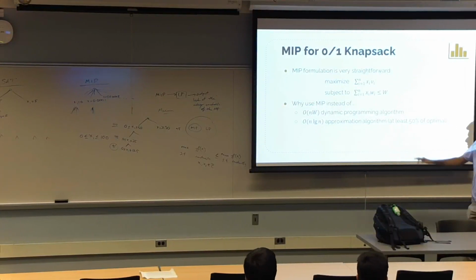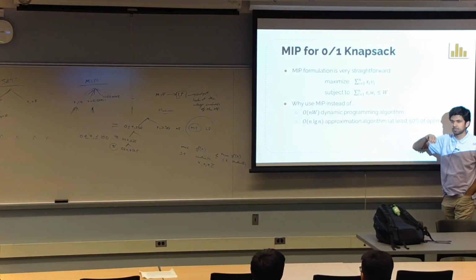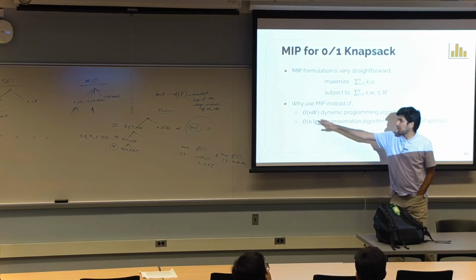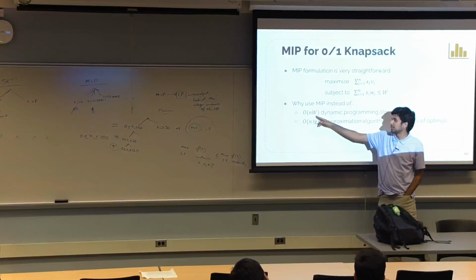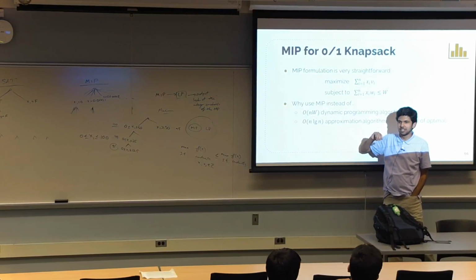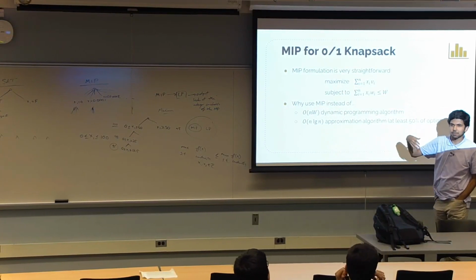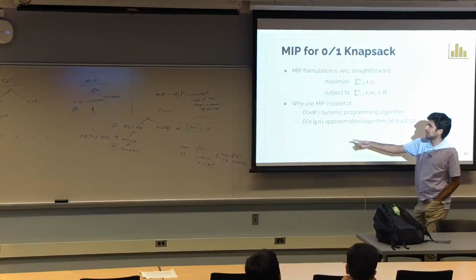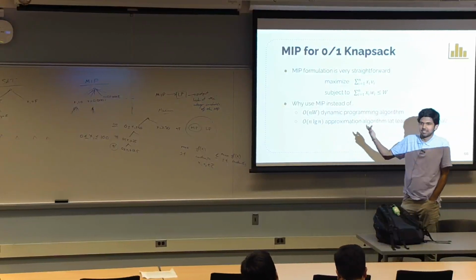And there's also an n log n approximation algorithm. W is the total weight, right? This is the capacity of the bag. So n is the number of items, and W is the weight. Those two are kind of independent of one another. When we say something's polynomial, we say polynomial in terms of n. W could be like 2 to the n.